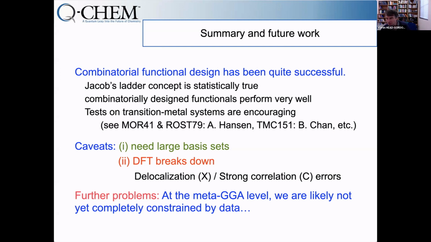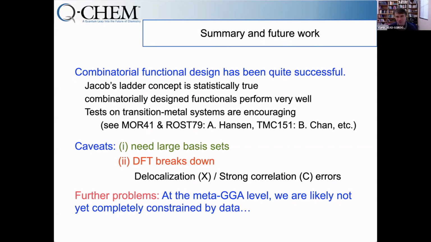Florian's got his hand up. Yes, I do. I have a question regarding the strong correlation errors. Based on the fact that DFT is not actually wave function based, but only uses the orbitals basically as a basis to expand the density, shouldn't, if we had an accurate DFT functional, the density still be reproduced, in the sense that even if we have a strongly correlated wave function determinant in the ground state, the DFT orbitals should give an exact averaging of those that exactly represents the actual charge density of the full CI expansion?